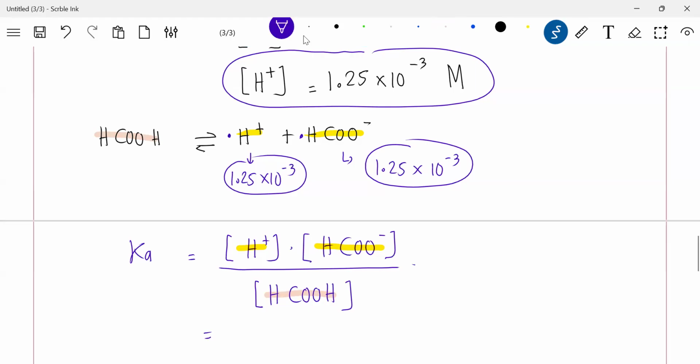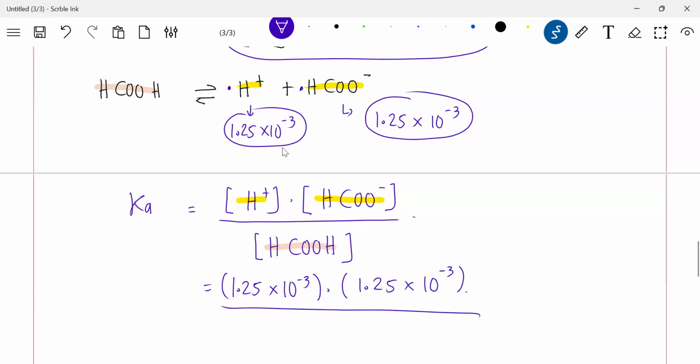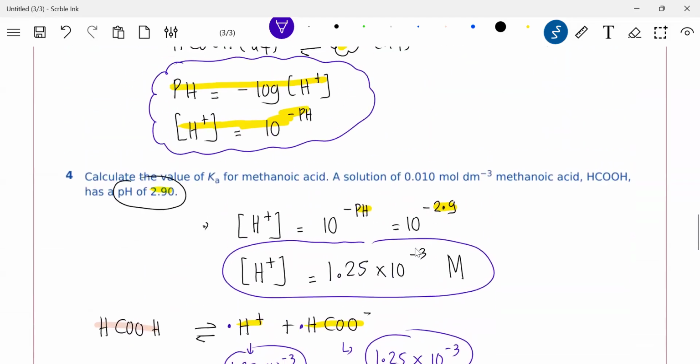The concentration of H plus is 1.25 times 10 to the power of negative 3, times again 1.25 times 10 to the power of negative 3, and then divided by the concentration of HCOOH. What is the concentration of HCOOH, sir?